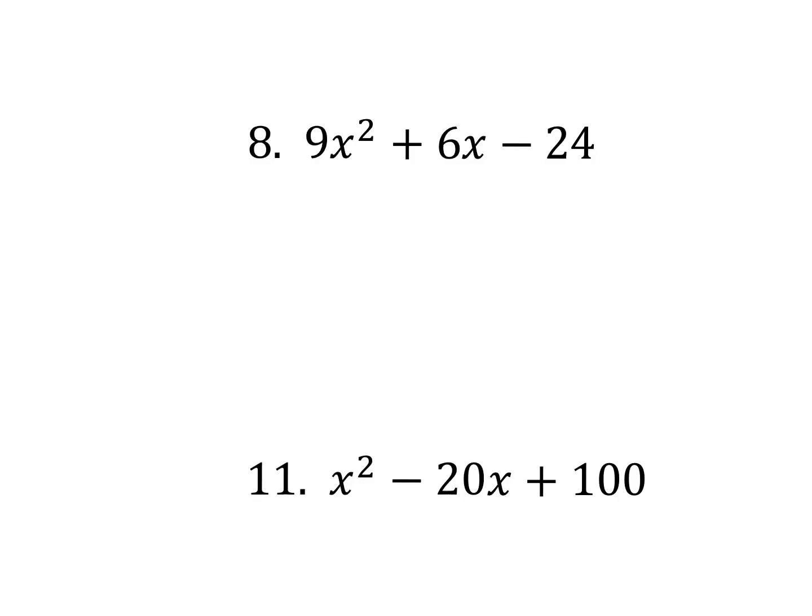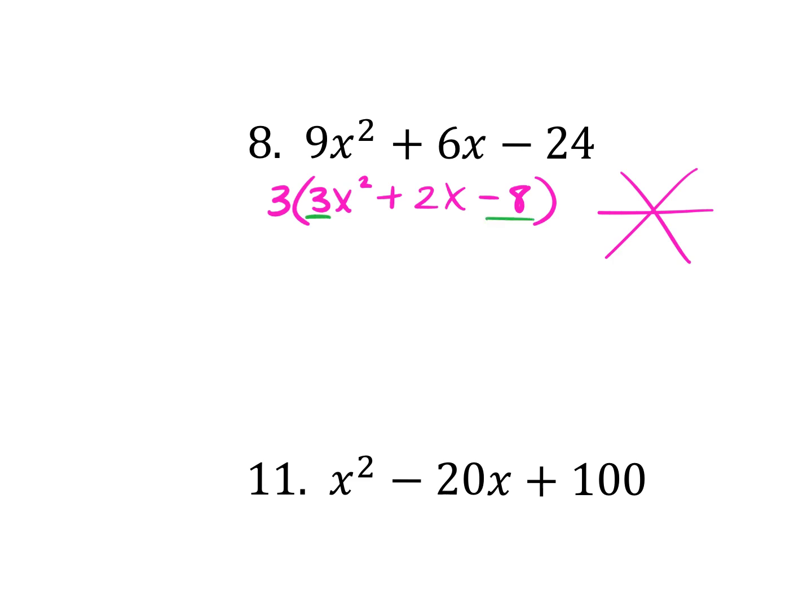Okay, I'm back. On number 8 here, we would factor out a 3. So we're left with 3x squared plus 2x minus 8. And now you can do star. So you're going to do 3 times a negative 8 is a negative 24. Your a term is a 3 now, and your b term is a 2.